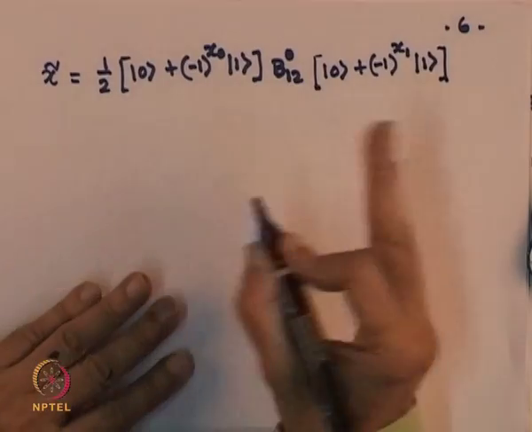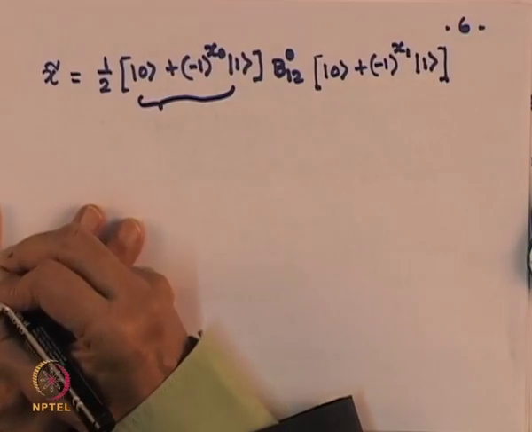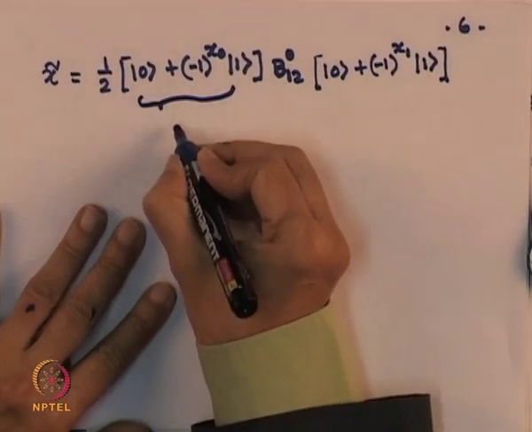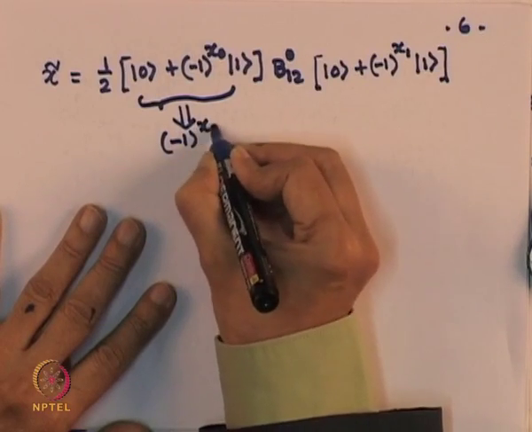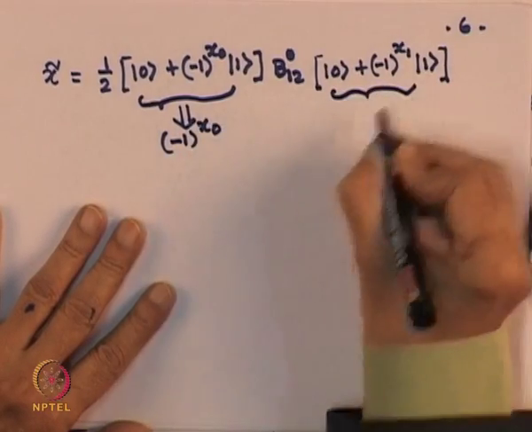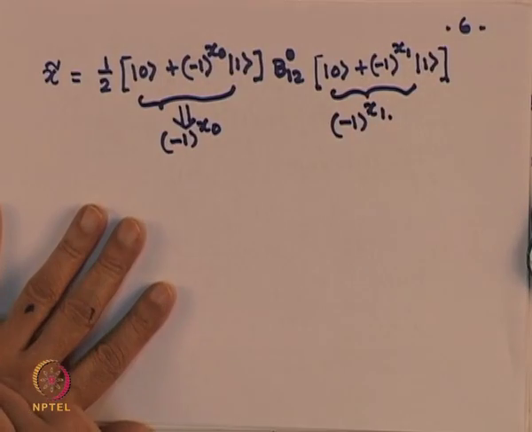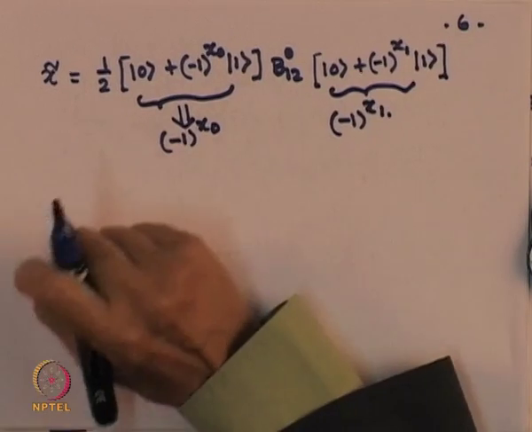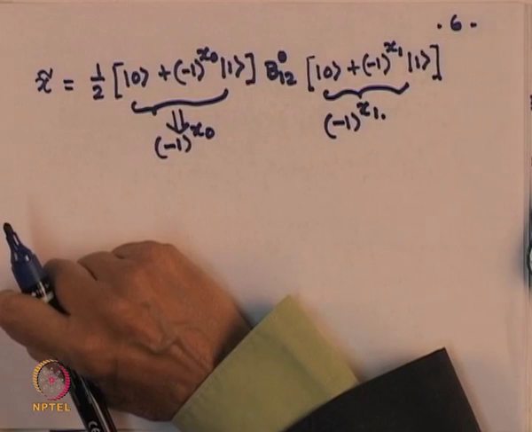So these states are entangled because you notice the first one, which refers to x1, has a minus 1 to the power x0 there. But the second one has minus 1 to the power x1 there. So in other words, the output is in reverse order.